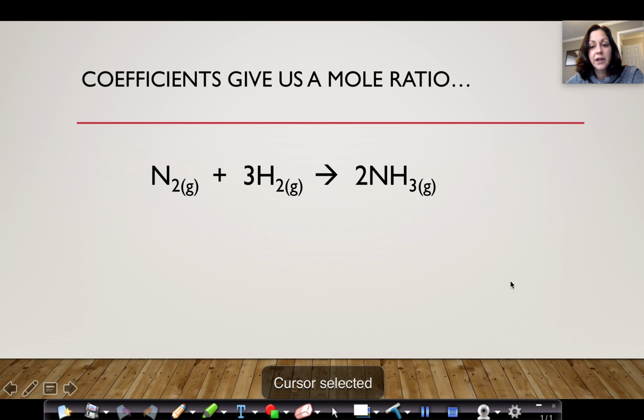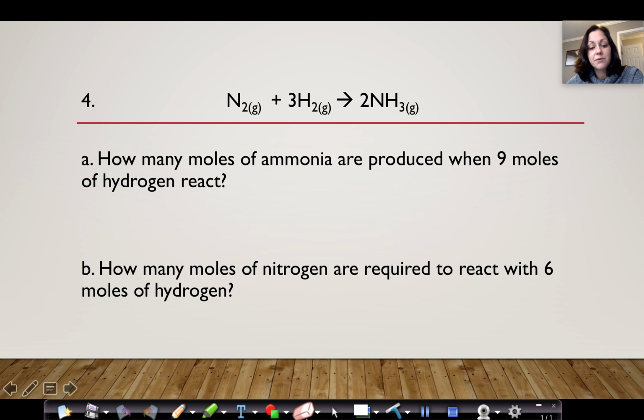As we are moving forward, this is one of the questions that was on the aim sheet. If you want to take a look at that and see which question we're working on right now. Again, remember this is an understood 1 right here, and it says how many moles of ammonia are produced when 9 moles of hydrogen react. Ammonia is NH3, so when it says how many moles of ammonia, we're going to put an X over the NH3. And 9 moles of hydrogen means that on top of where we find just hydrogen in the balanced equation, we're going to write a 9.